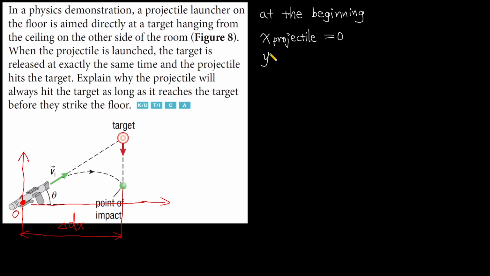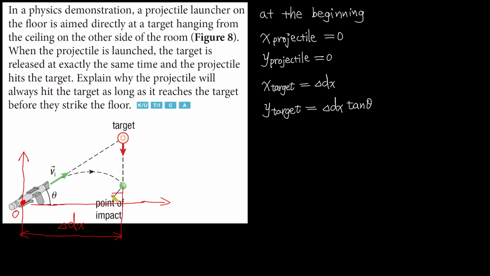Also, the y-coordinate of the projectile is 0, and the x-coordinate of the target is delta dx, and the y-coordinate of the target is delta dx multiplied by tangent theta.